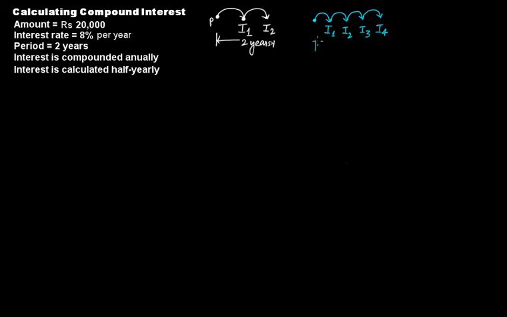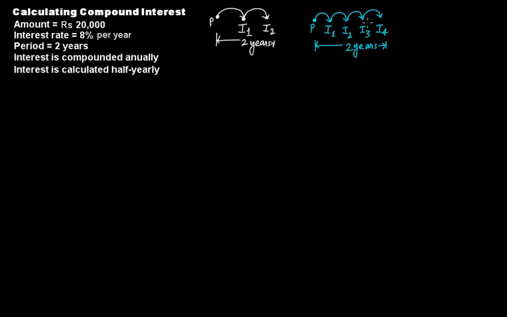So from here up till here, you have 2 years. You are calculating interest in 4 intervals: 1, 2, 3, and 4. Let's say that this is the principal. So P plus I1 plus I2 plus I3 plus I4 is the amount that you owe to the bank at the end of 2 years.